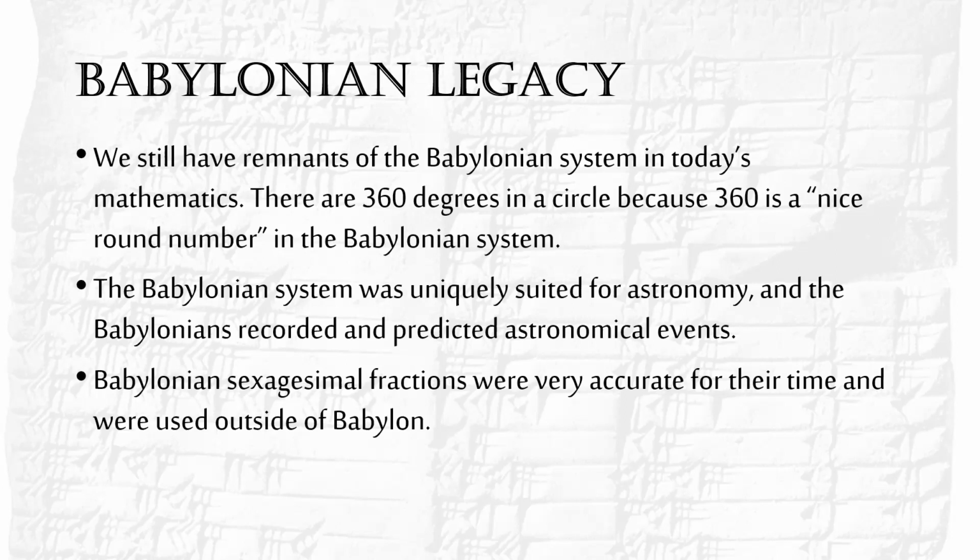But yet this system still persists, 360 degrees in a circle, long after the original system, in which 360 was a nice round number, has disappeared completely. It was also a really good system for astronomy because there's almost 360 days in a solar year. And they were able to record and predict astronomical events with this numeration system.